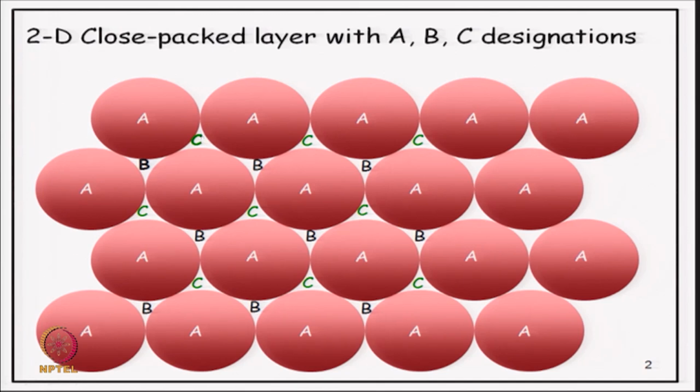So, when we build up the stacking in 3 dimensions, after an A layer we can have a choice of either B or C, and then on a B layer we again have a choice of either A or C.